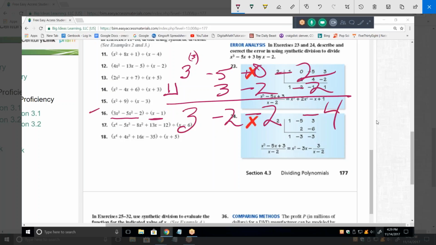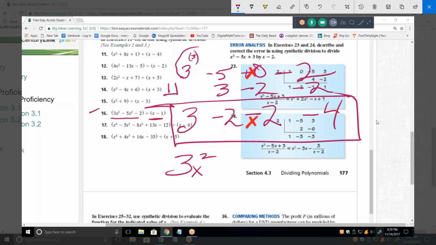Now we're staring at 4 numbers. Do we know whether we're looking at a cubic, a quadratic, a linear? It's hard to figure out. Yeah. But we know it's got to be 3x squared. Because I started out, that was cubed.